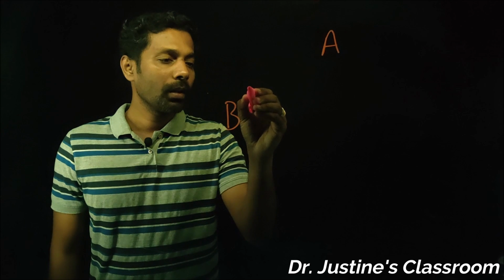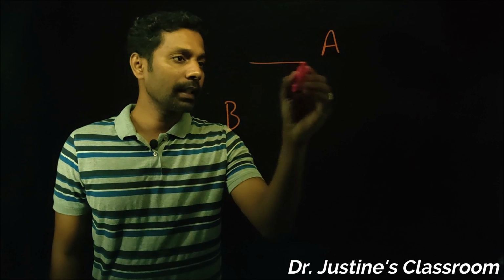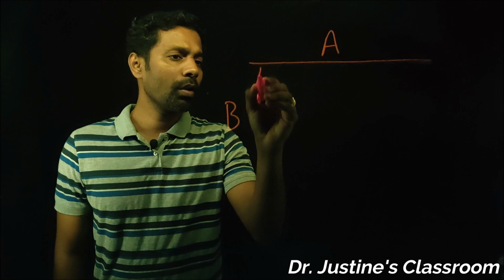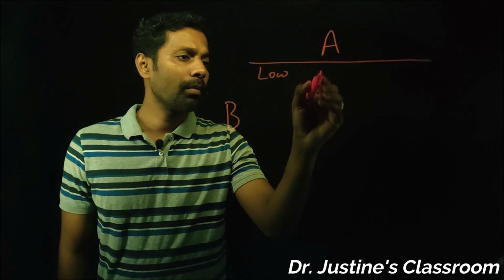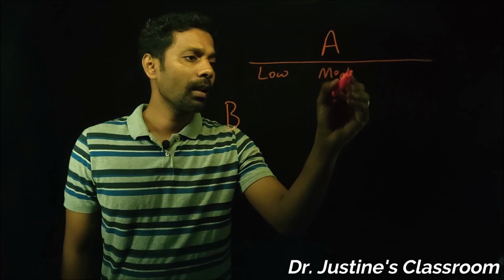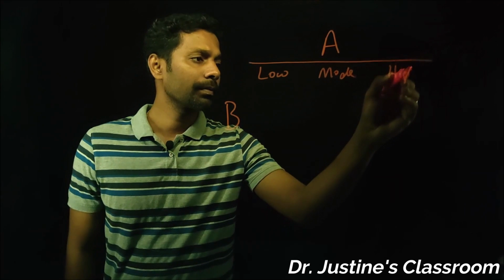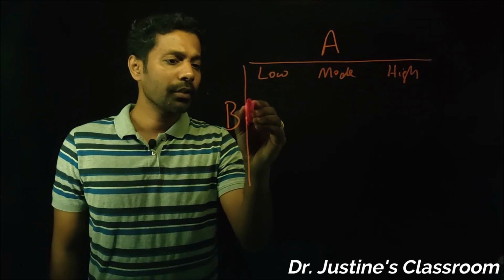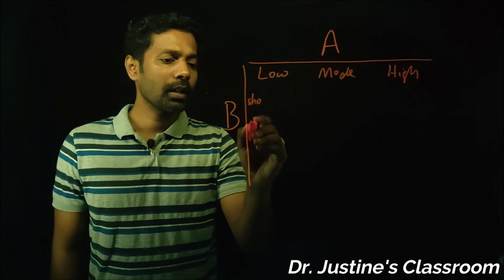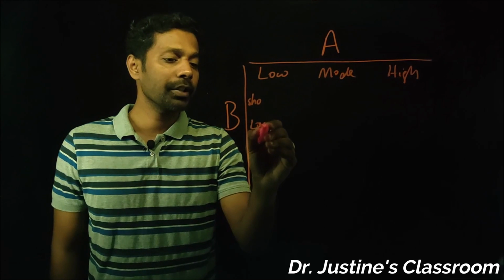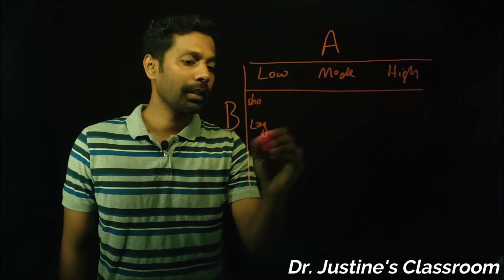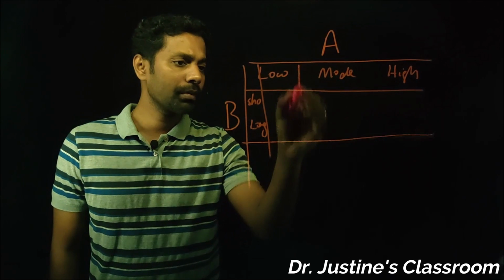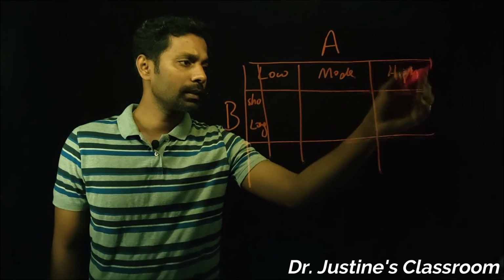Now in this context, level A has three conditions: low organization, moderate organization, and high organization. In the retention level, you have a short period and a long period of retention. So you have a group like this.